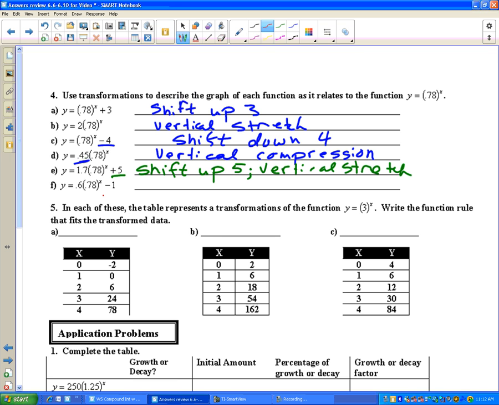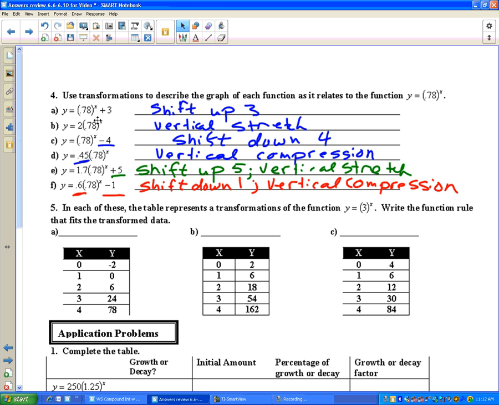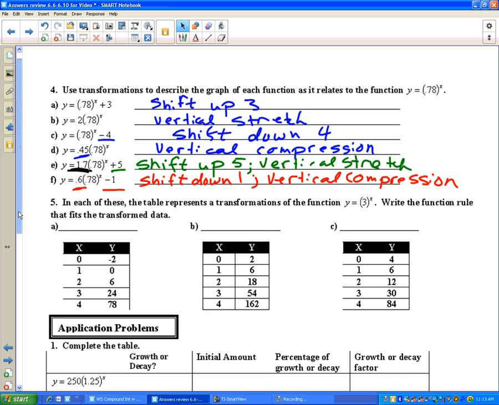And lastly, here I'm going to do a shift or a translation down 1, and then I'm going to do a vertical compression by a factor of 0.6. Since that number is less than 1, it's a compression. On letter E, it was greater than 1, so it's a vertical stretch.